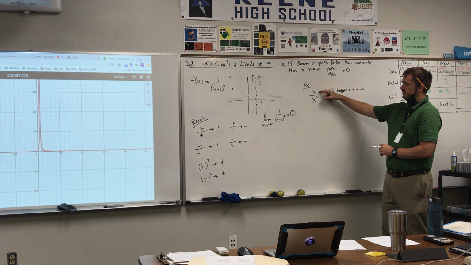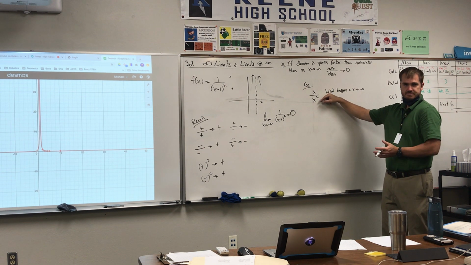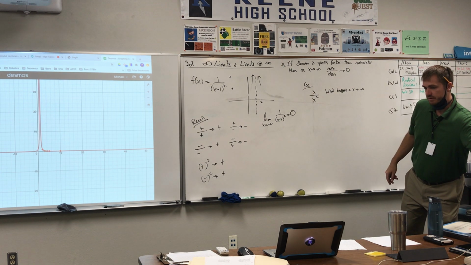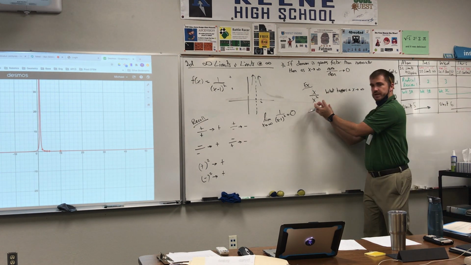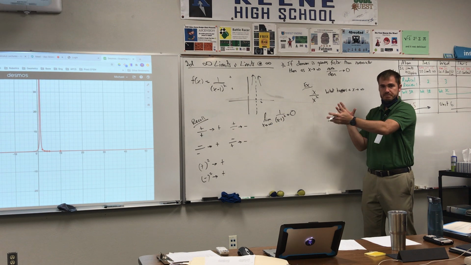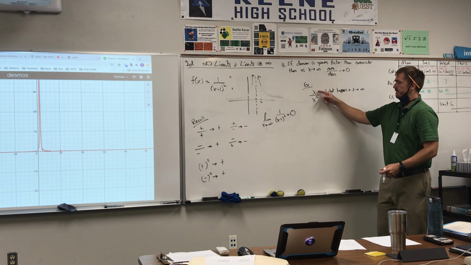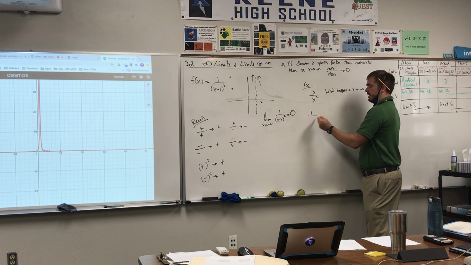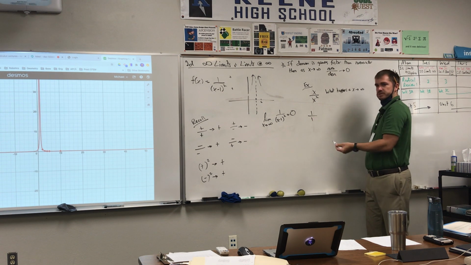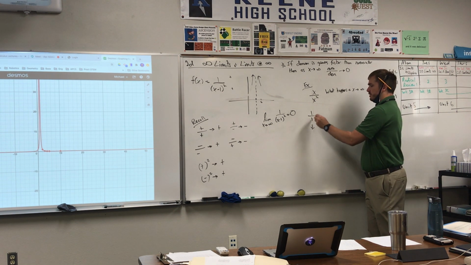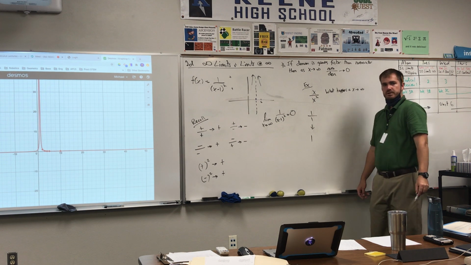Now, if we're looking at it, here's the numerator, here's the denominator. Which one is growing faster, Syra? The denominator, because x squared grows faster. X squared is getting bigger, right? So when I have 1, then I've got 1 squared. 1 divided by 1 is just 1.